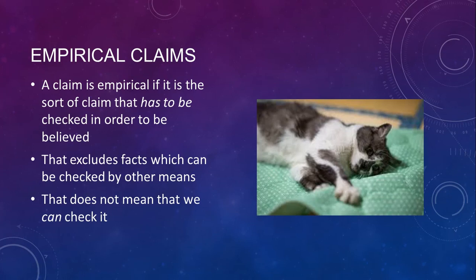So the must-be-checked is the condition on whether something is an empirical claim or not. Does that answer your question? So it should be checked to claim one fact is an empirical claim, right? It's not that it should be checked, it's that it's checkable. That it's possible to check, and you know what would be the kind of thing to check.